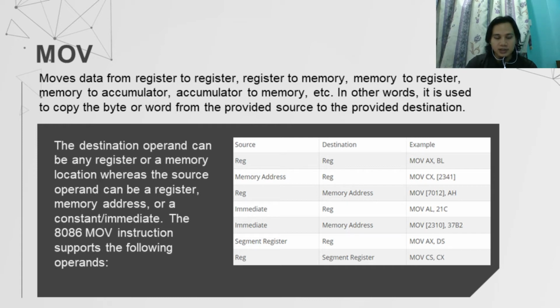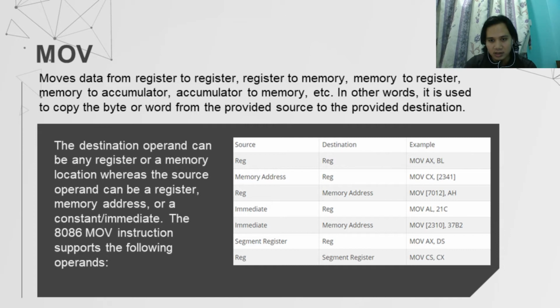The 8086 move instruction supports the following operands. As an example, MOV AX, BL, where the source is register and the destination is register. Another example is MOV CX, [2341], with the source a memory address and the destination a register.